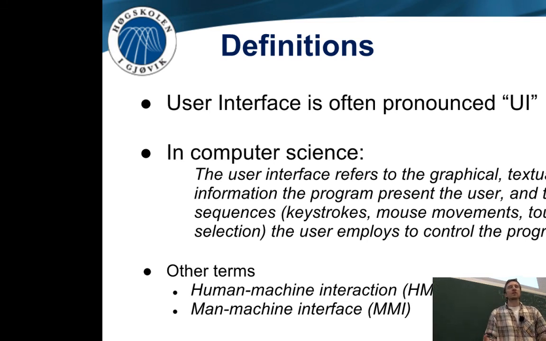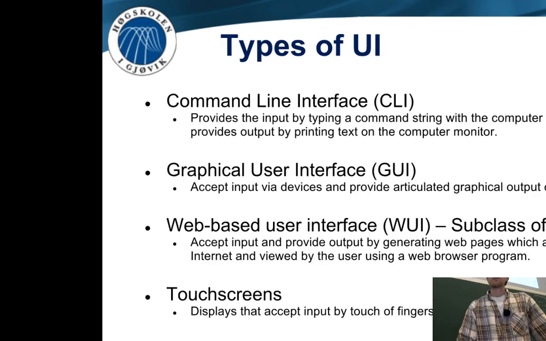Then we have some other terms, right? We have the command line interface, which is the one we used, for example, in the cloud course for talking to Heroku or Google App Engine. We have the GUIs. You may see somebody referring to web user interfaces.